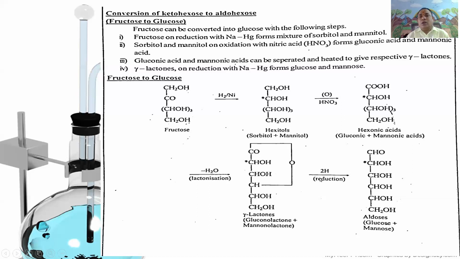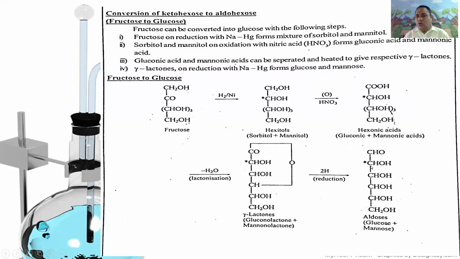This gamma lactone undergoes reduction with zinc and acetic acid to give aldohexose, called glucose: CHO, CHOH, CHOH, CHOH, CHOH, CH2OH. It is called aldose. It may be either glucose or mannose.